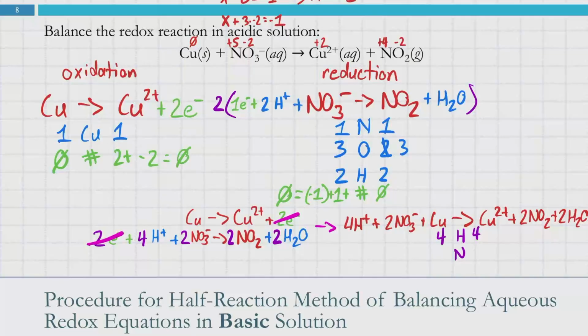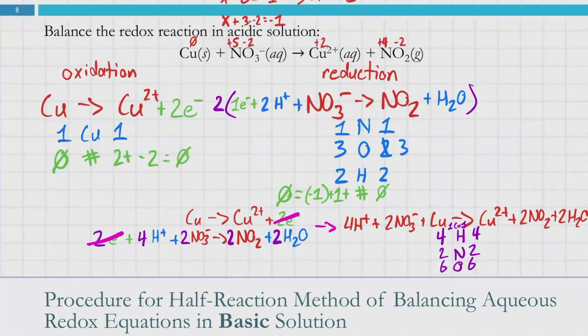We've also got nitrogen, 2 and 2. We've also got oxygen, 2 times 3 is 6. 2 times 2 is 4, plus another 2 from our water is 6. And we've also got copper, which is 1 and 1. I'll write that really tiny at the top because it's already balanced.